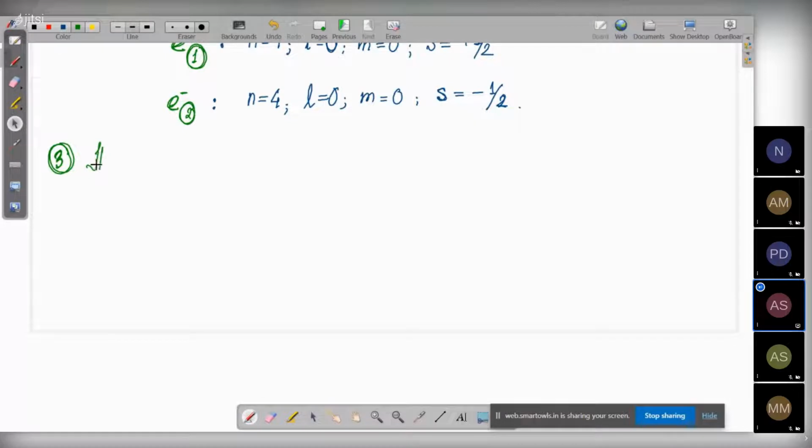Hund's rule of maximum multiplicity. What does this Hund's rule say? Let's see.